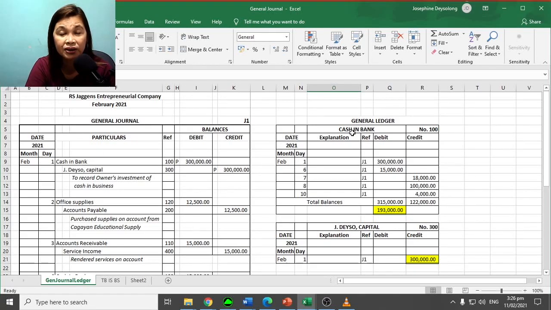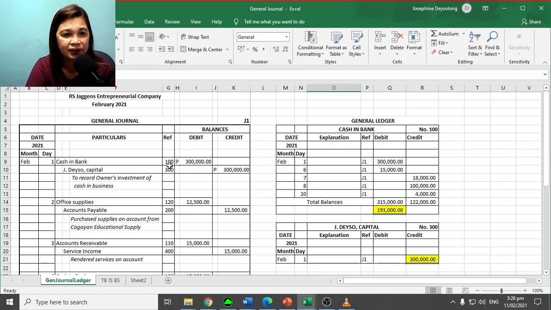So, here in my general ledger, in my account title, cash in bank, I will post here February 1, 300,000, which is debit because that is on the debit side in the general journal. And I will also post here in the debit side. Reference is J1, and that is J1, journal 1.